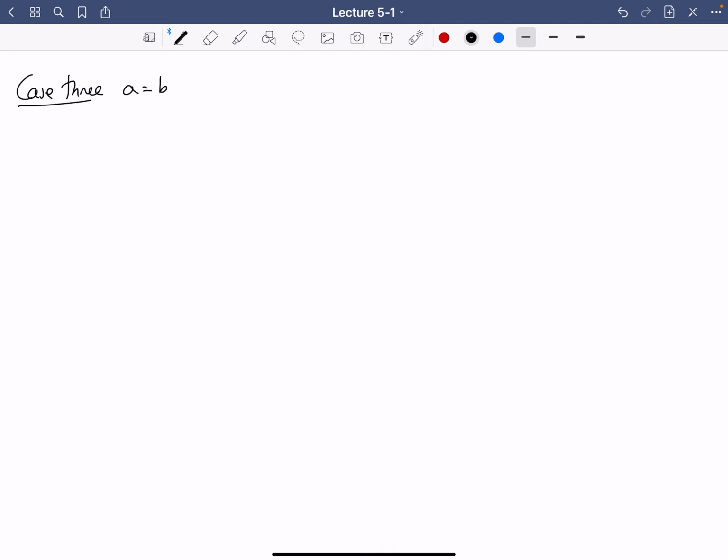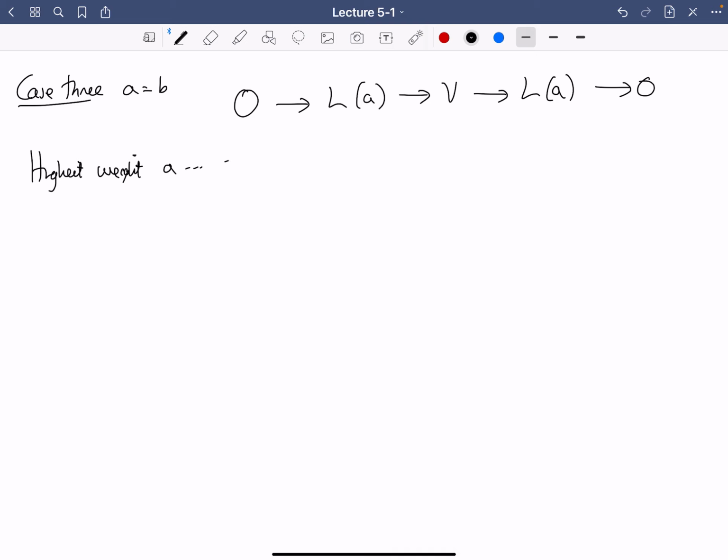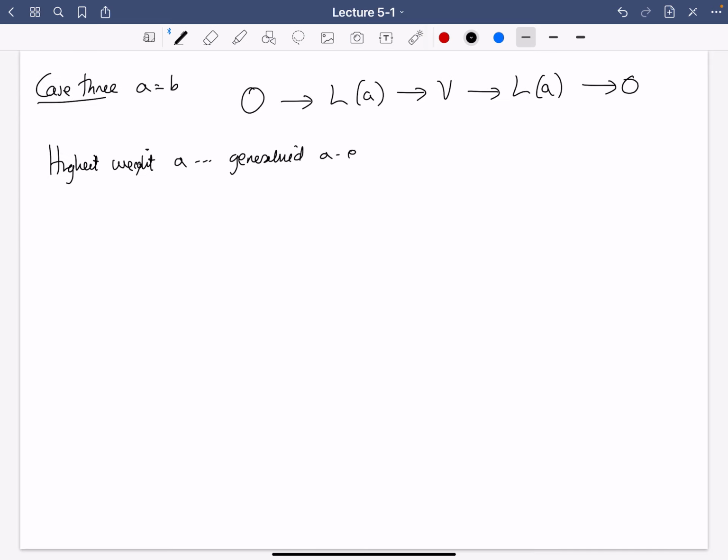And so now this is just a little bit more interesting, because here was our extension. So the highest weight is A, but the generalized A weight space, this generalized eigenspace, for H acting on V is two-dimensional.